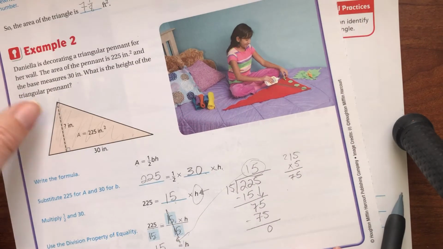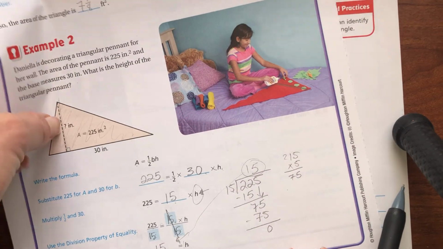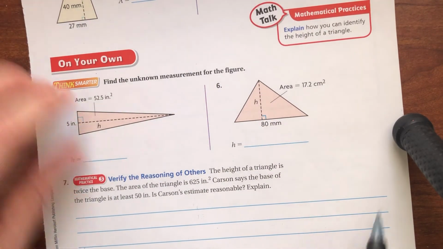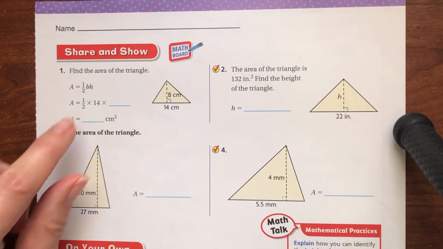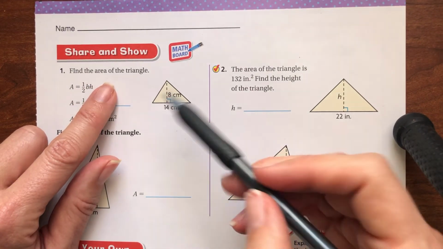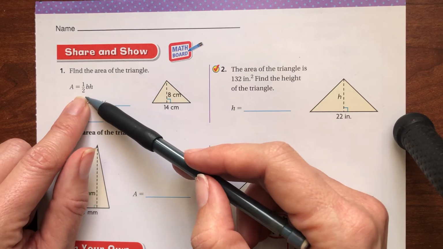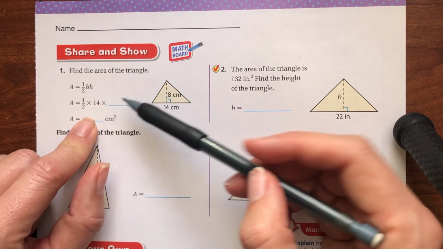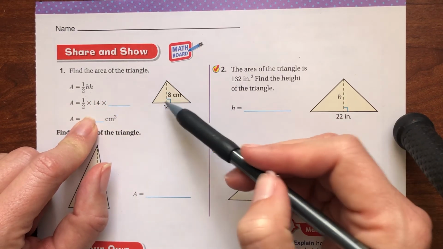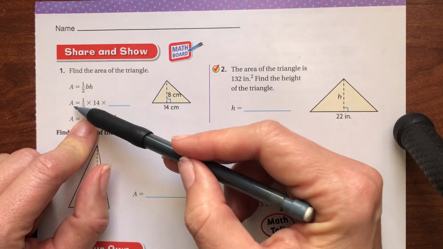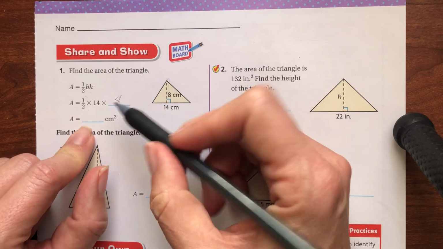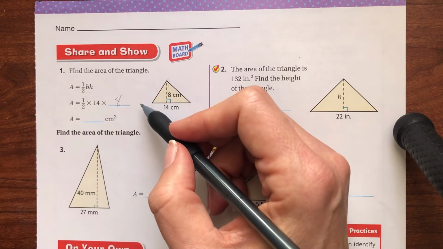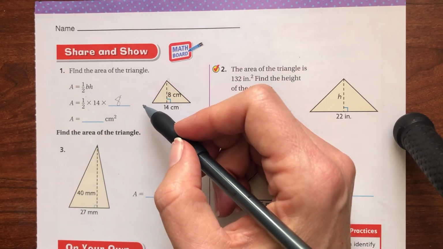All right, let's do another one before I show you the notes and then turn you loose. Let's do number 1 on the next page. Find the area of the triangle. Area equals 1/2 base times height. Our base is 14, our height is 8. So 1/2 times 14 times 8.